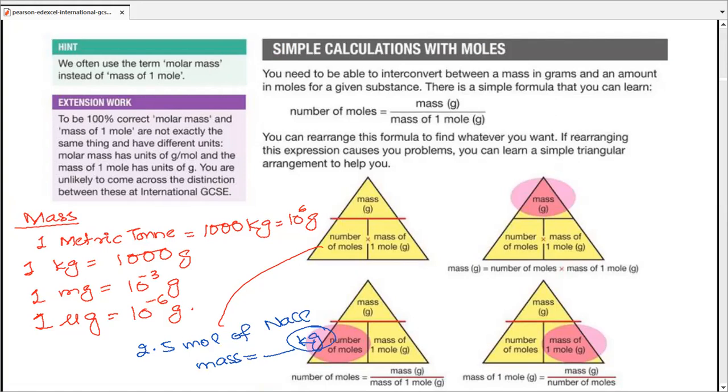All you need to do is to convert it into kilograms. So your answer is now going to be 0.14625 kilograms.